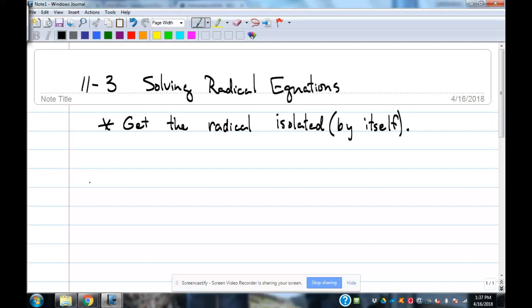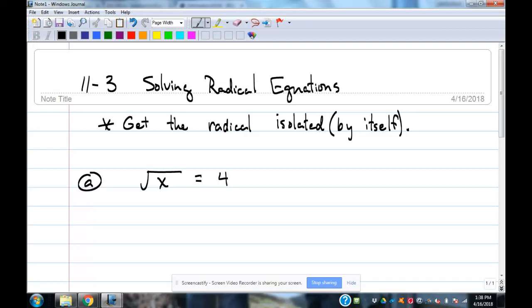So first one, a radical, remember, is just a square root. So square root of x is equal to 4. All right.